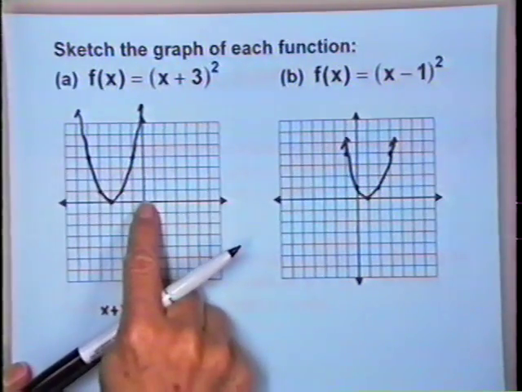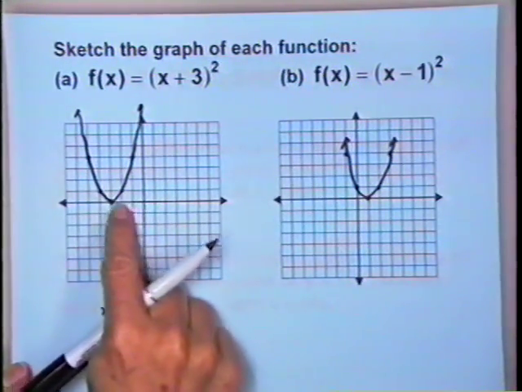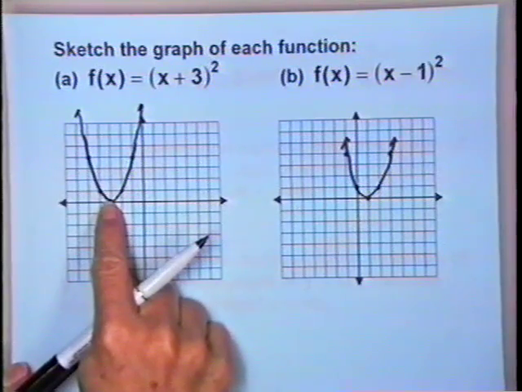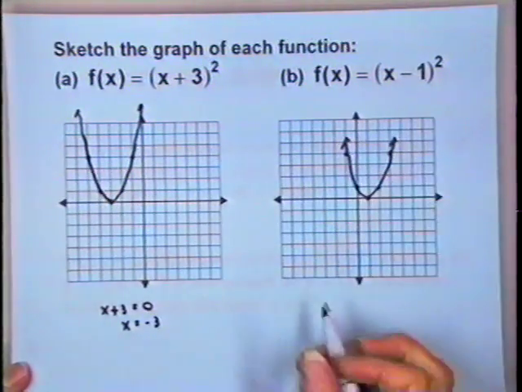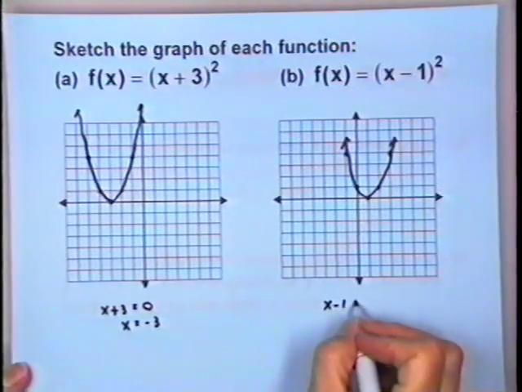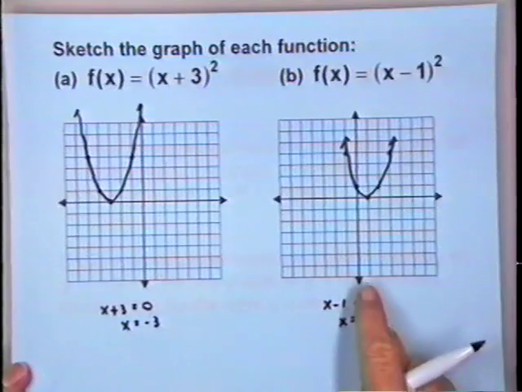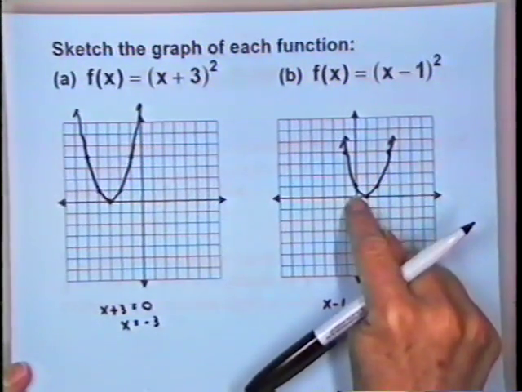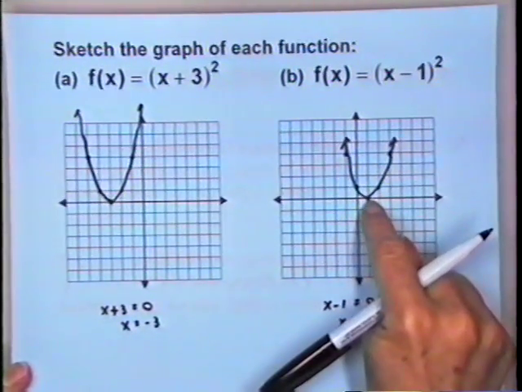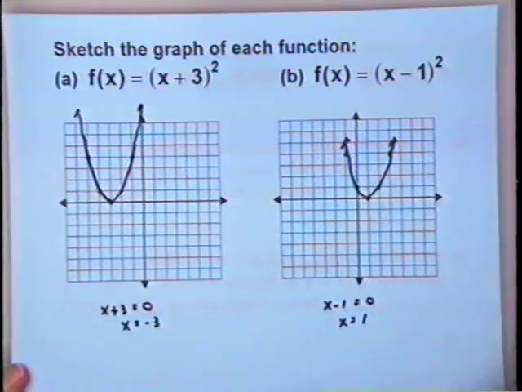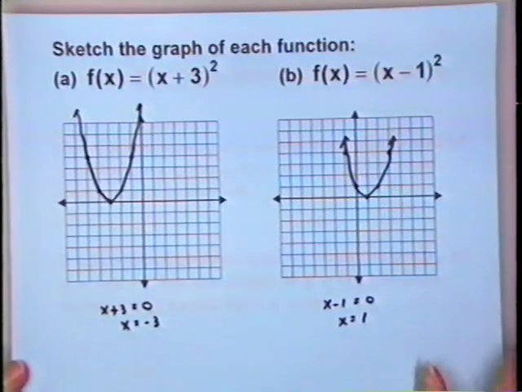So what used to happen at 0 is now happening at negative 3. Okay? Now notice how that works here. If I take my x minus 1 and I set it equal to 0 and I solve for x, notice that what used to happen at 0 is now happening where? At x equals 1. So however you choose to remember this, this is important.